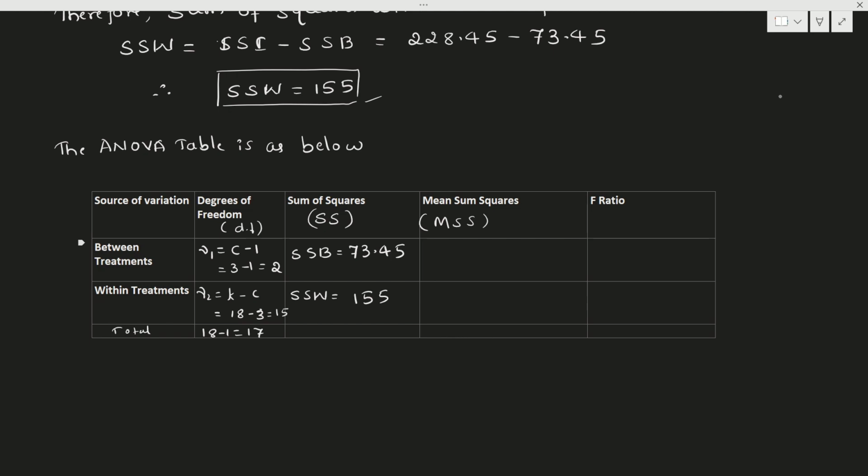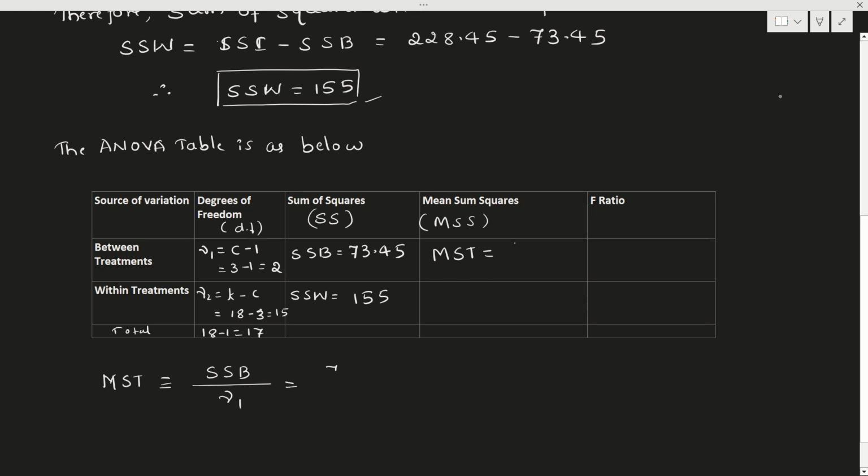Now the mean sum of squares. MST, between the samples, is SSB divided by its degrees of freedom: 73.45 divided by nu 1, which is 2, so it is 36.725.